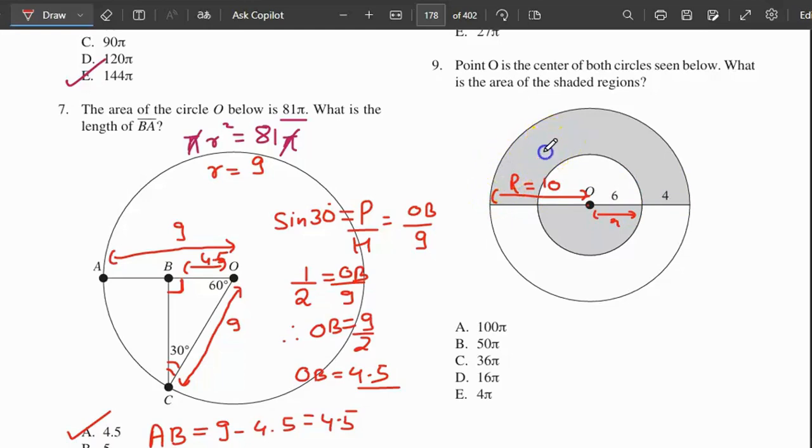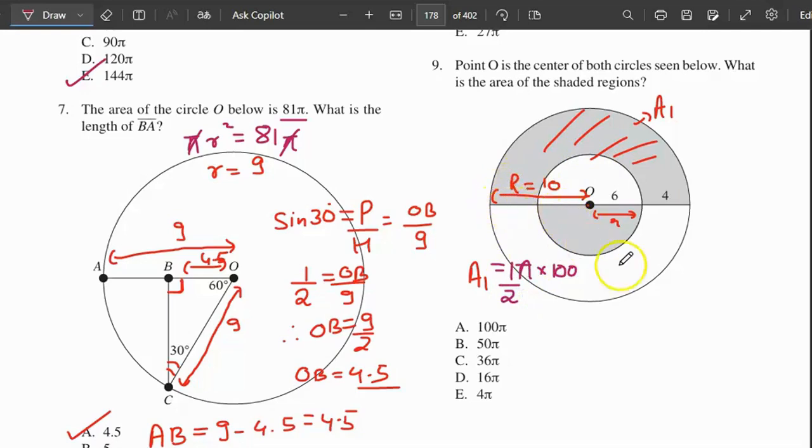Now if you want to find the area of this shaded region, this should be area of the bigger semicircle minus area of the smaller semicircle. Let's say this area is A1. So A1 is equal to, I'll just change the pen color, pi into capital R square, that is 100. And we are talking about semicircle first.